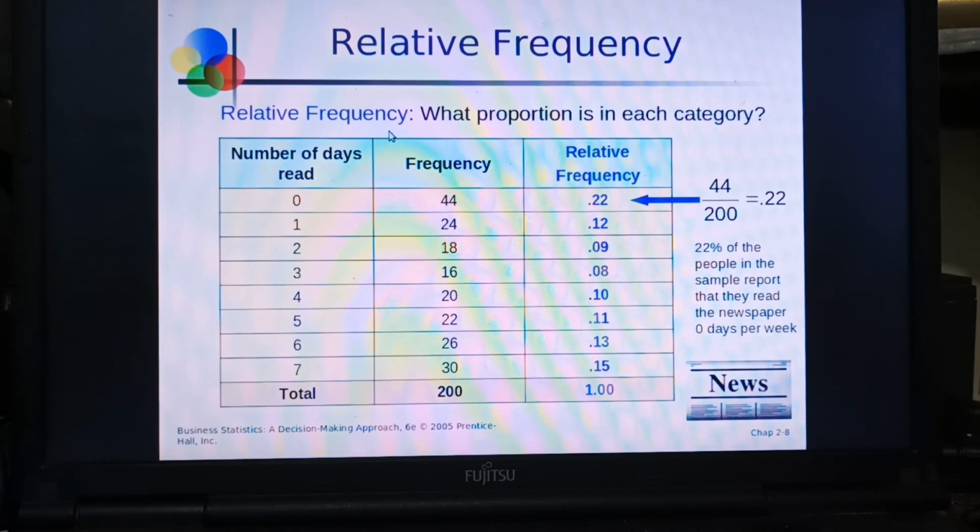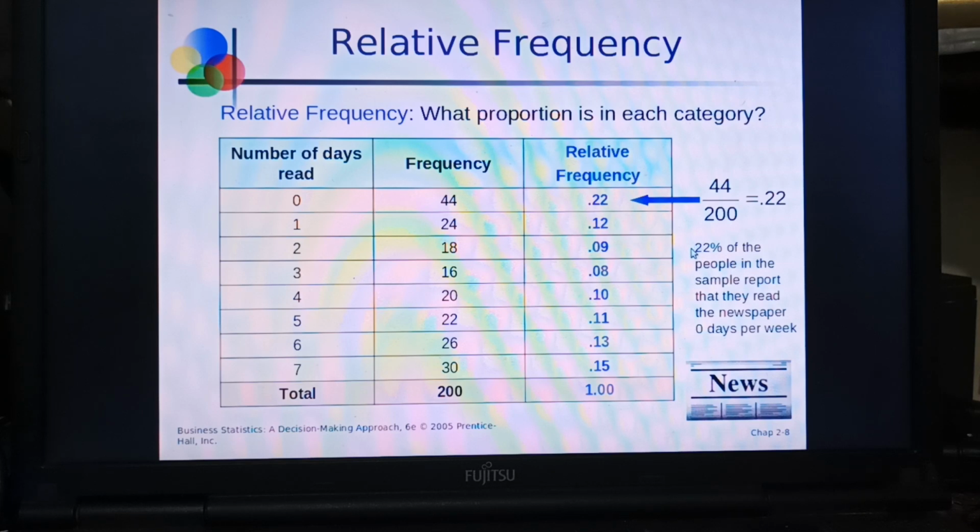To get the relative frequency, you divide the frequency over the total, and the result is the relative frequency. Or if you multiply the relative frequency by 100, you'll get a percentage, which is a much easier way to think about a relative frequency.